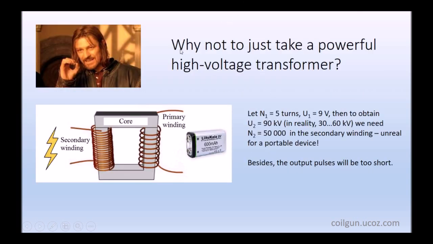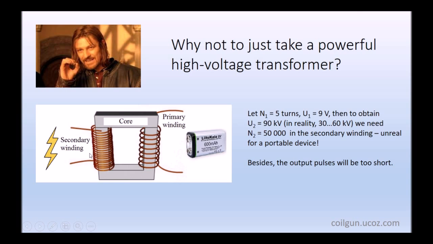A question which is very frequently asked by novices and beginners: why not take a one-stage converter with a massive secondary winding connected to some power supply, for example 9-volt batteries, and have some sparks on output?